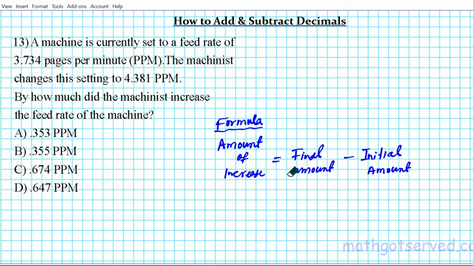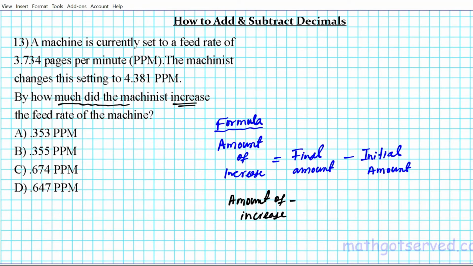All right, so we're going to apply this formula to this particular problem. The amount of increase in this particular problem in the feed rate, because it asks how much did the machinist increase the feed rate. So we need to identify the final and initial amount.